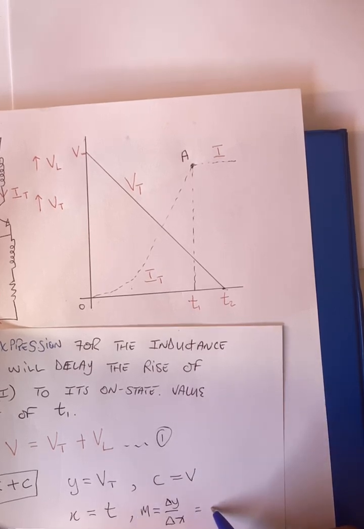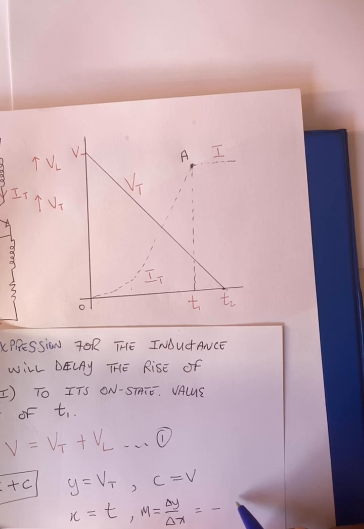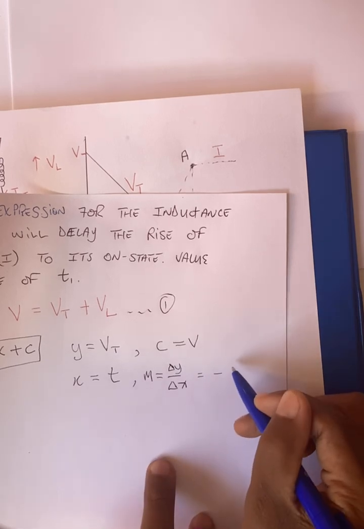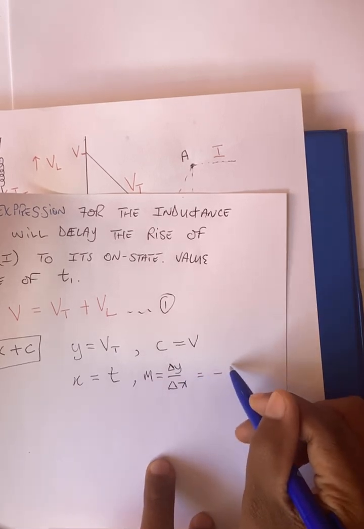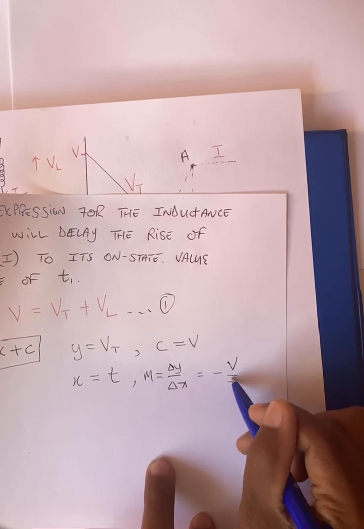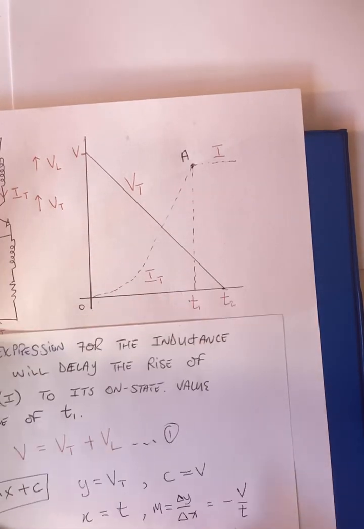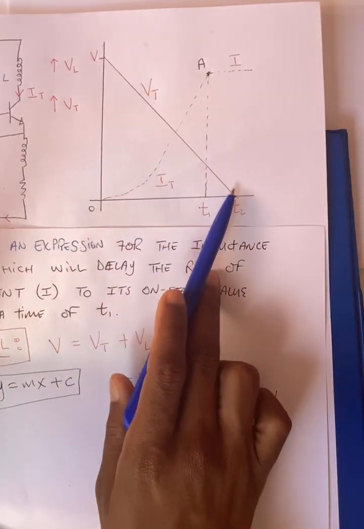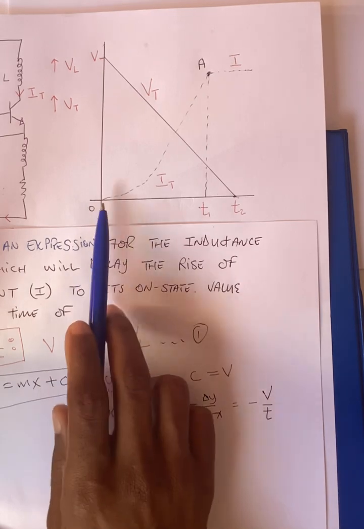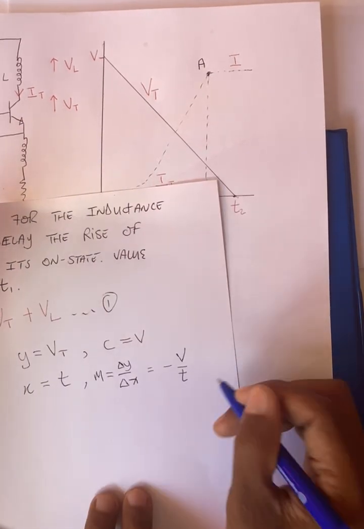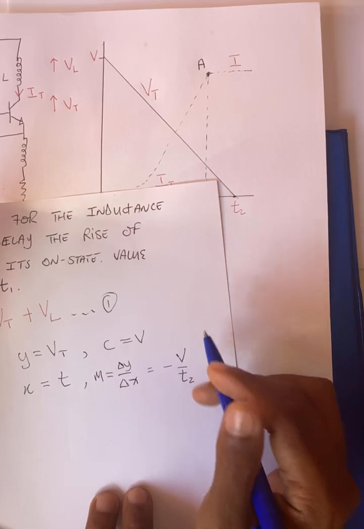We can see the gradient will be negative, and the change in y is V, and the change in x is t2, or t subscript 2.